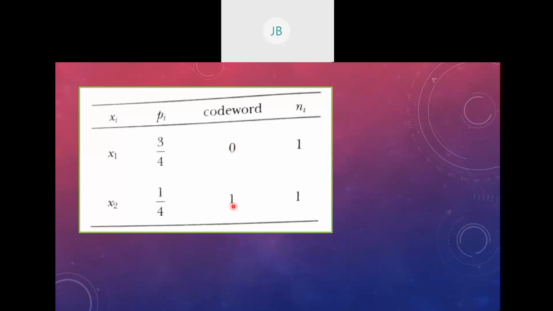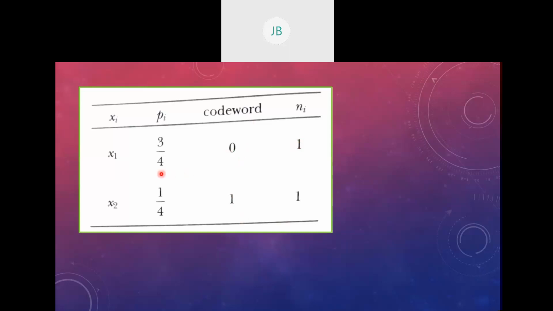This is the end of formation of groups. The first one has a code word of 0, the second one has a code word of 1, and Ni is 1 because we have just one bit in each code word. So this is the end of the Shannon-Fano encoding scheme.